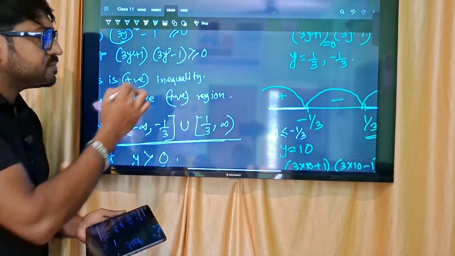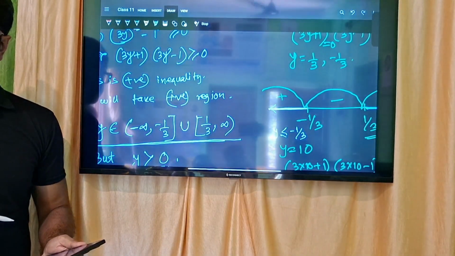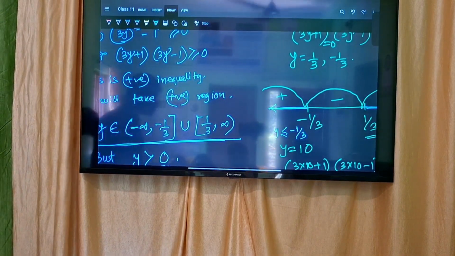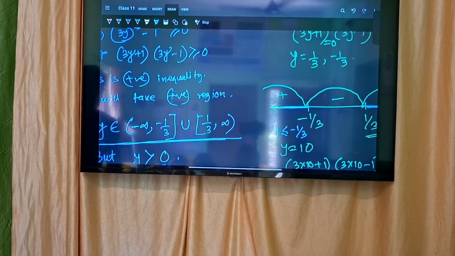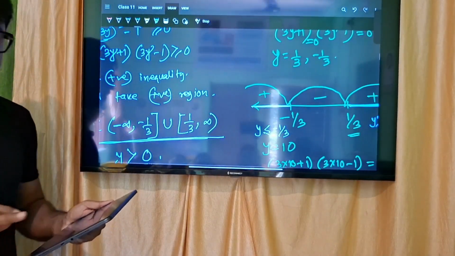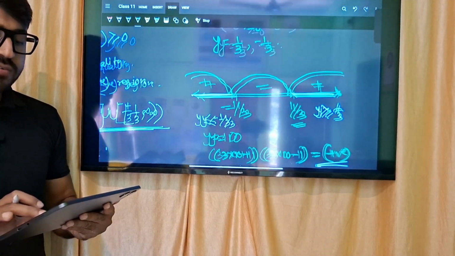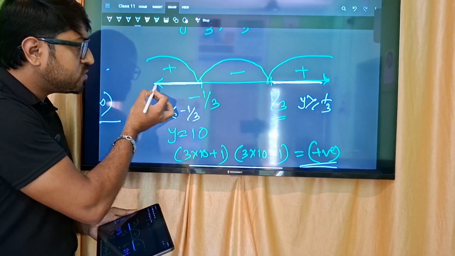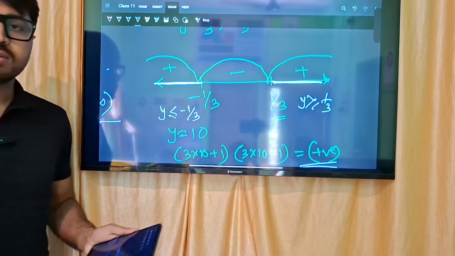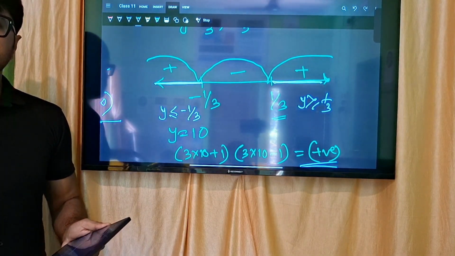Reason is that এটা positive inequality, correct না? বোঝা গেল? তাহলে এখানে positive region কি কি আছে? Which one is the positive region? Like I have highlighted this. This is the positive region and this one is the positive region. তো কোনটা নেবে? দুটোই নেবে.